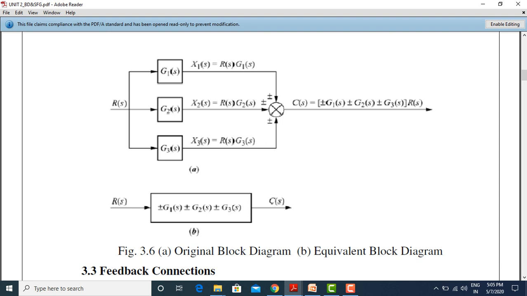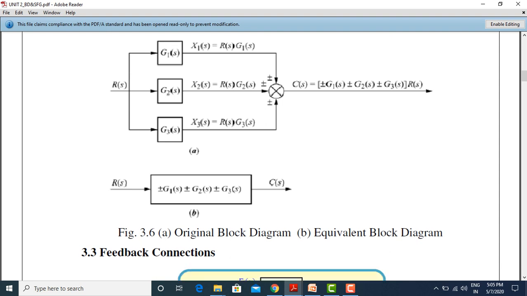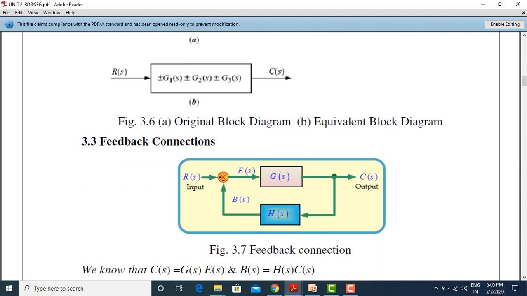This G1 of S, G2 of S, G3 of S into R of S. So just simplify this diagram. R of S, if a diagram like this is there, will be plus or minus G1, plus or minus G2, plus or minus G3 and C of S. This complicated diagram we can write like this in one simple block.